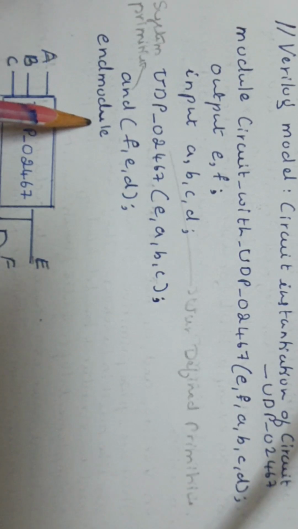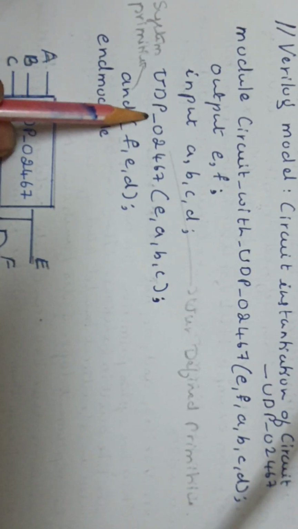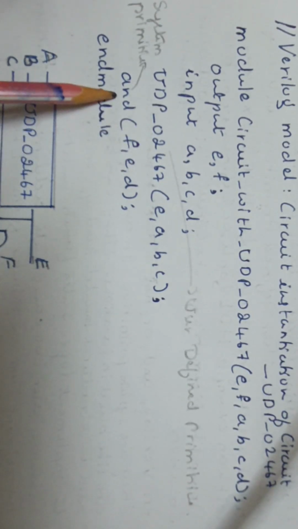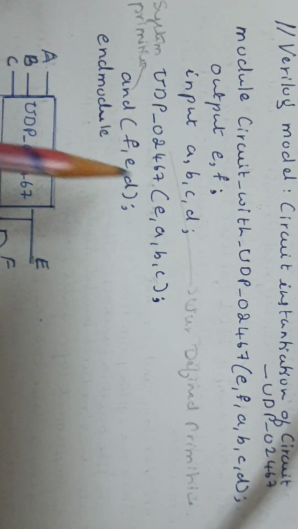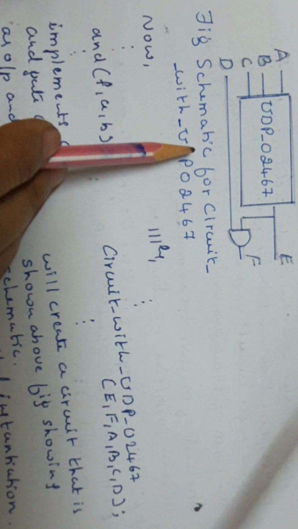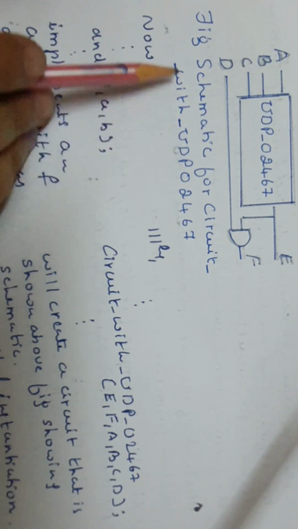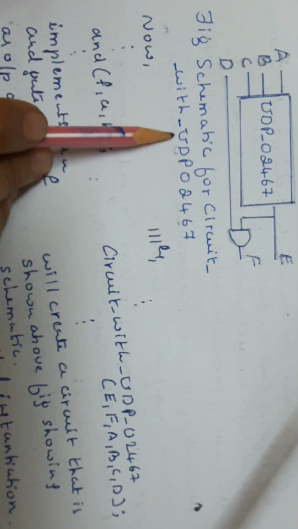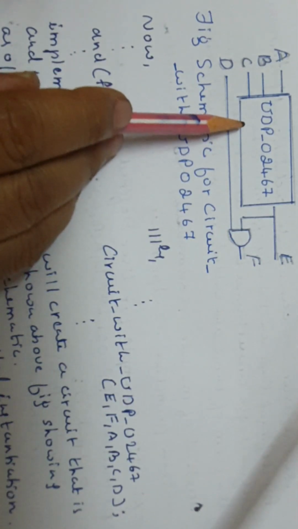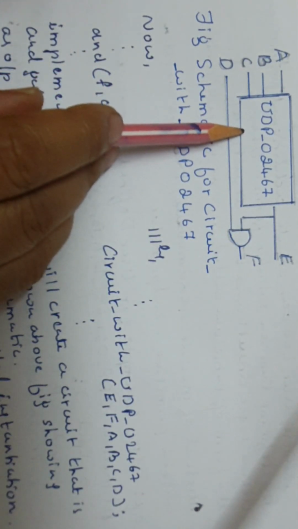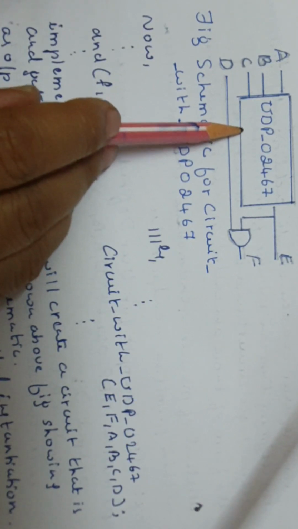This is creating a new circuit using a user defined primitive and one AND gate. Then what is that circuit created? That is this circuit. Figure: schematic for circuit with UDP 02467. Just now, within module and end module, what we wrote is the new program to create a new circuit.